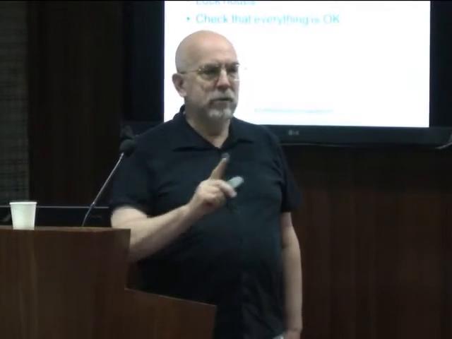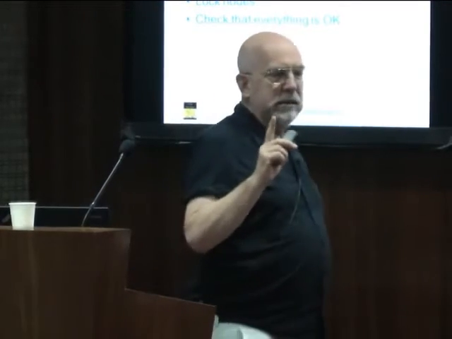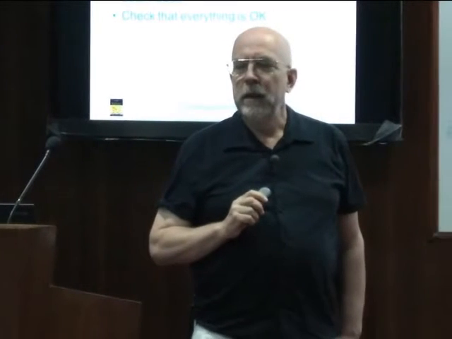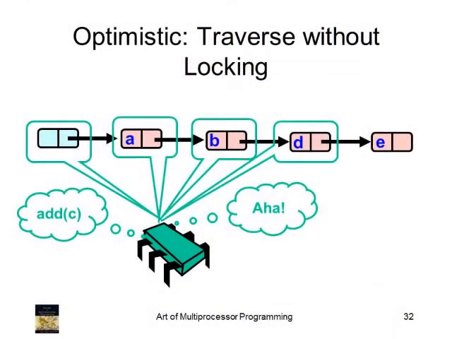But the basic idea is you search without locking. Everything you look at can be changed out from underneath you at any time without warning. You find the part of the list that you're interested in, you lock it, and then you check to make sure that what you caught is the kind of fish you wanted.